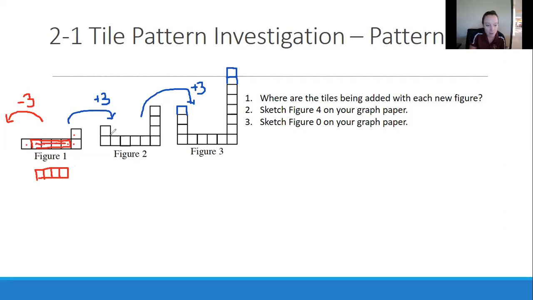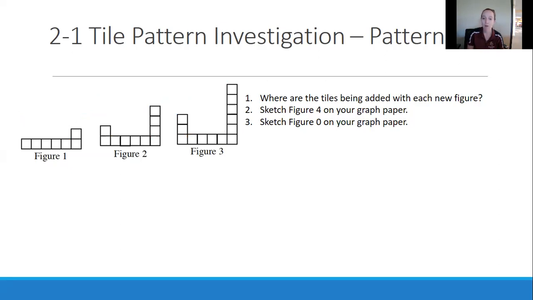And notice the original 4 show up quite a bit. That original 4, there it is. Oh, look at this. That original 4 again shows up here. Figure 3 will have the original 4. The next figure will have those red blocks. So for figure 4, make sure it's sketched, and make sure figure 0 is sketched.